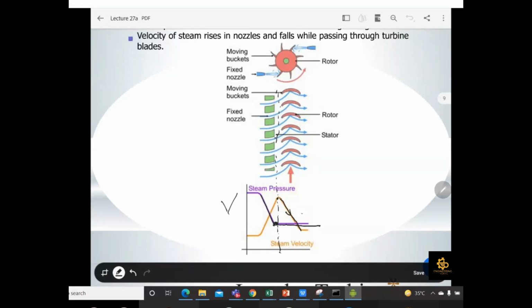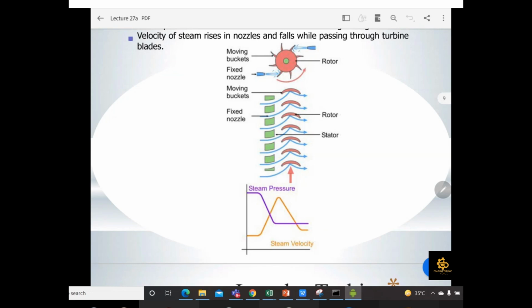So this is just a basic graph for your impulse turbine, showing how pressure and steam velocity behave when moving from the nozzle to your moving blade section. If you have any question you can ask me, because these are the important points.